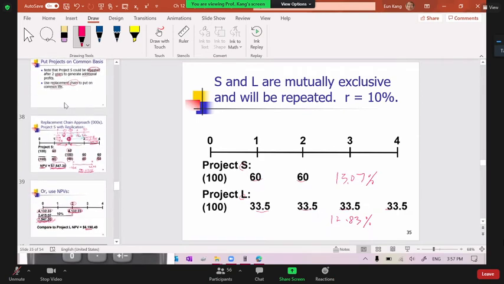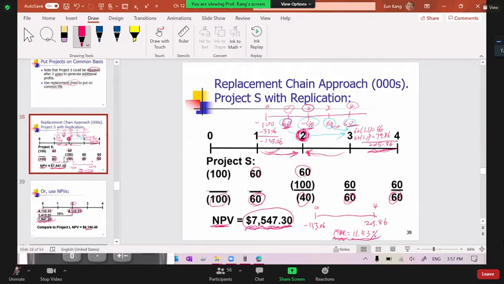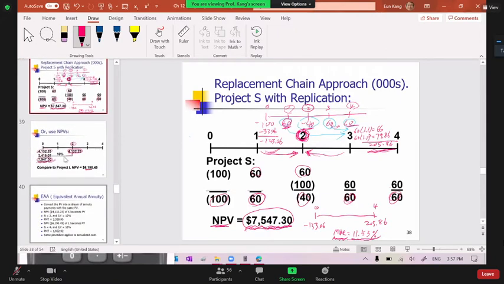But this one is a non-normal project, more than one sign change. In that case, the comparison may be misleading. So MIRR is just something that you use if you stick to an IRR method, right? So that's one problem of IRR.